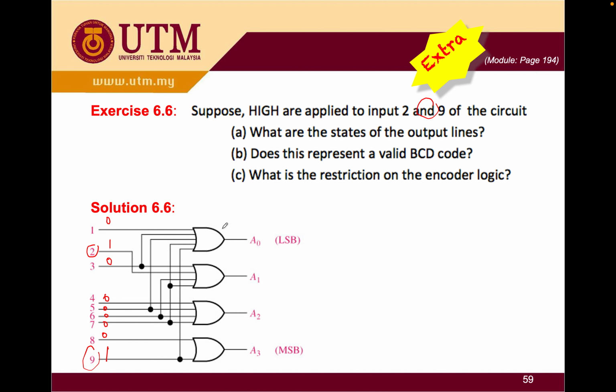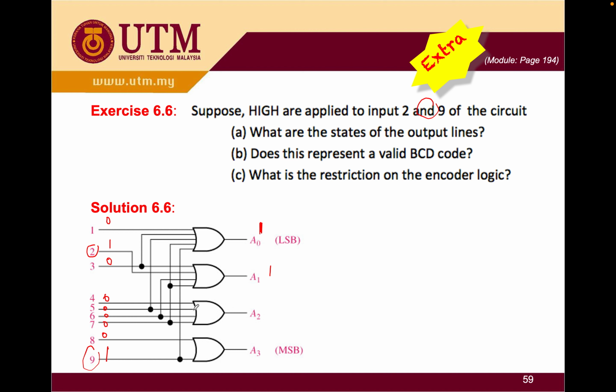Okay, 0. Here is 0. Here is 0. Here is 0. Another one is 1. So it will be 1 over here. This 0, this 1, it will be 1. As long as you have at least 1, then you can have 1, isn't it?